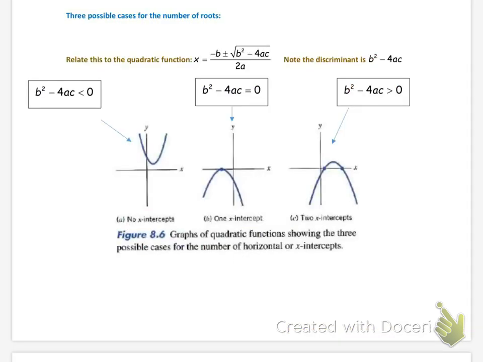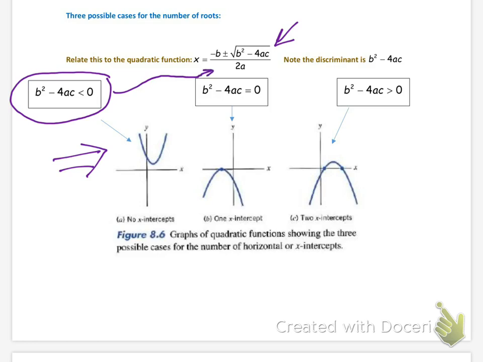Okay, so here are some examples of the possible number of roots. Remember, the roots are where the parabola crosses the x-axis. So here's case 1, and we're going to be referring constantly to this quadratic formula. If you take the information that's underneath the radical, that's called the discriminant, and that's going to give you information about your roots.